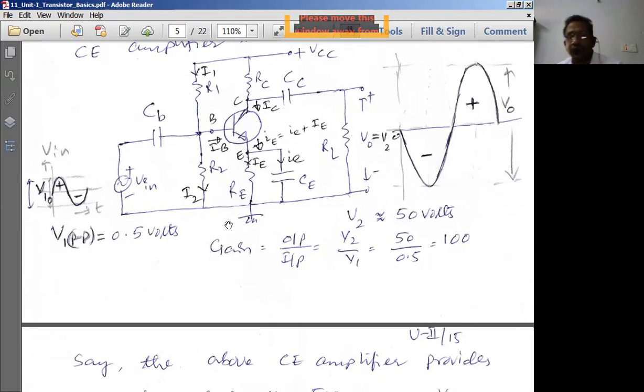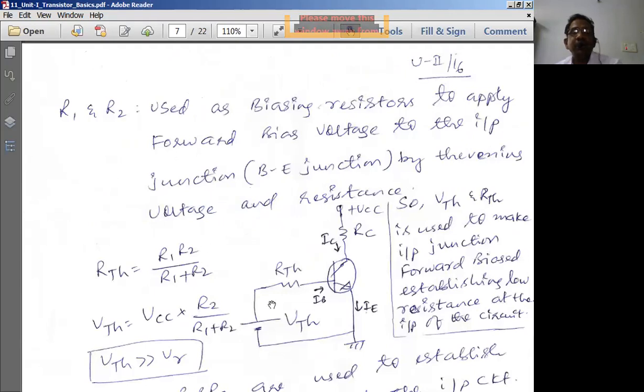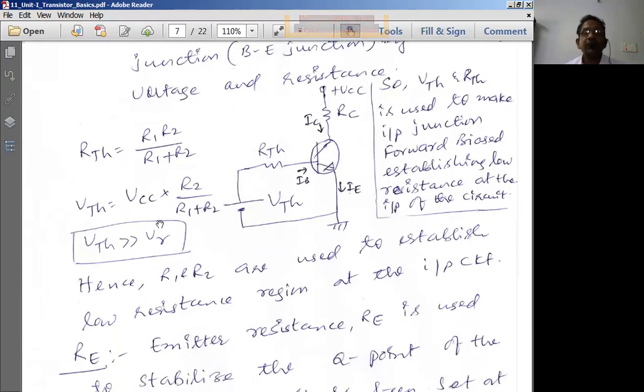R1 and R2. By using that formula, we find the Thevenin's voltage as VCC into R2 by R1 plus R2, and we replace R1 and R2 with the VThevenin and RThevenin.